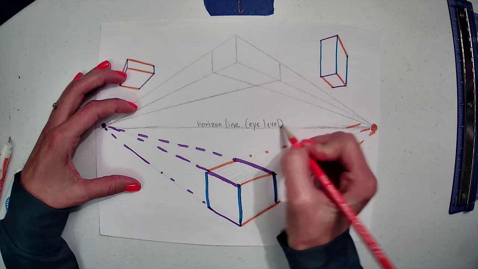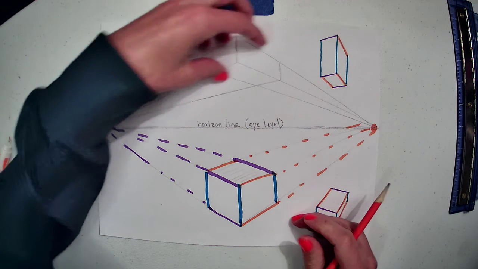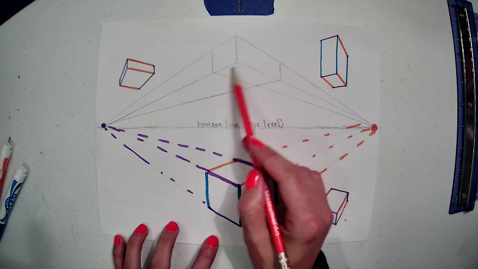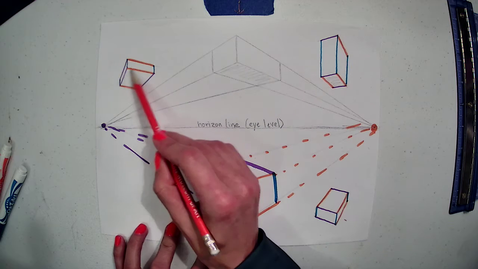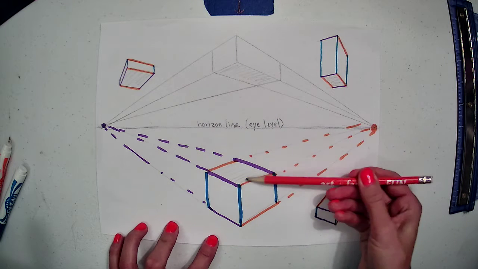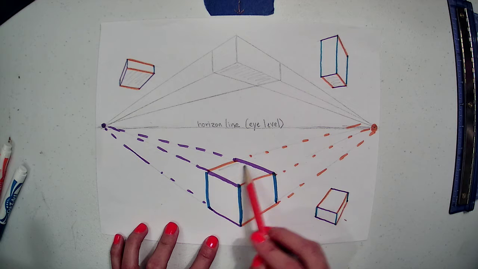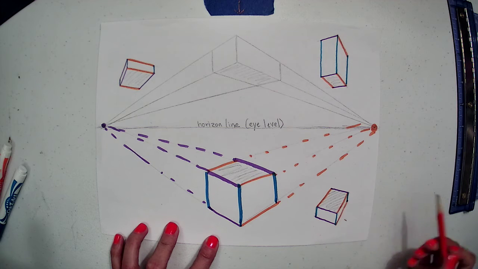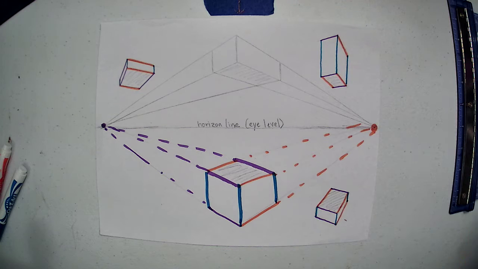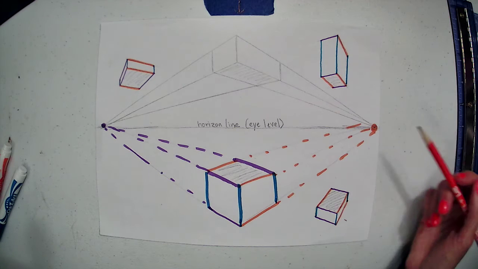That means that anything we end up placing above it is going to be exposed at the bottom. Anything we put below our eye is going to be exposed at the top. This is true of all things in reality, things like cubes or whatever other forms we're looking at.